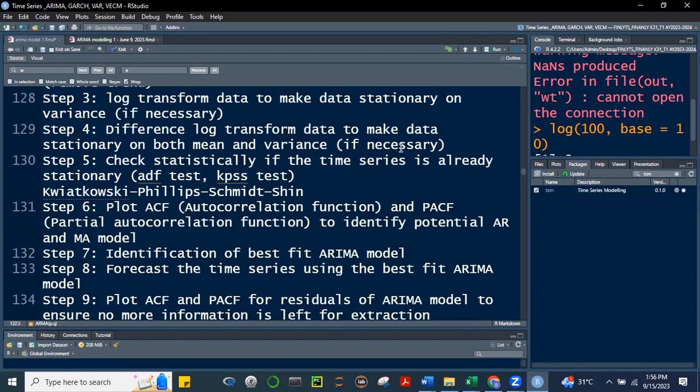So what to do next? We will have to check, although visually it might be stationary already, there's a statistical test for that. We can test it statistically using the ADF test, which is the augmented Dickey-Fuller test. So we're able to really test statistically, not just by visual.